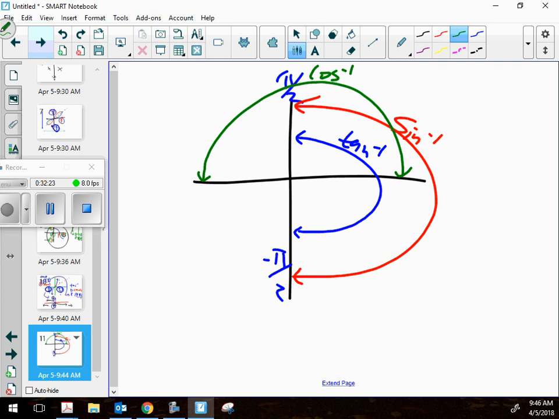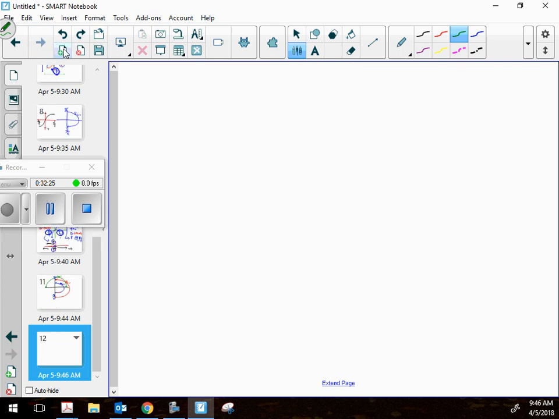I'd like you to try to answer that question from scratch. Don't look back at your notes. What's the domain and range of inverse cosine? So start by graphing regular cosine.